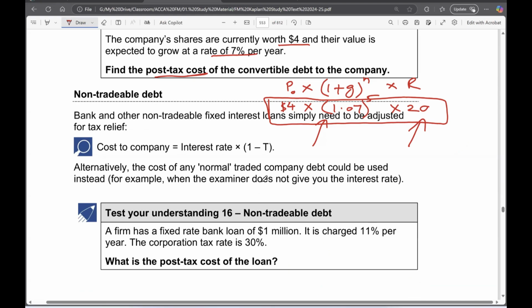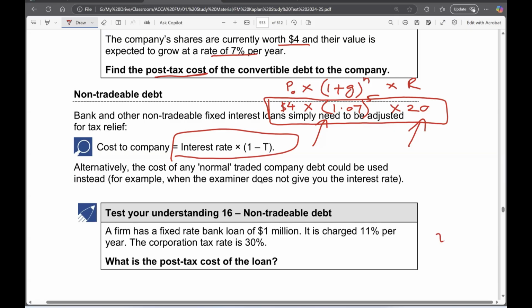It's a private loan you take from the bank. So it has no P0. So simple: the cost of debt is interest into 1 minus T. To find the cost of debt of a bank loan, take the interest and multiply with 1 minus T.